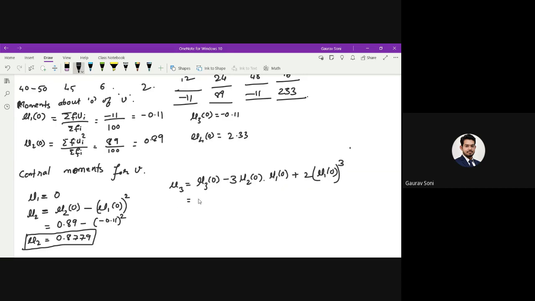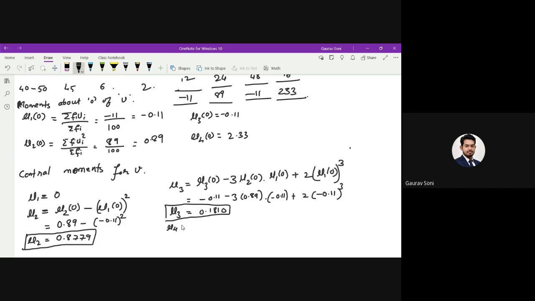So that will be minus 0.11 minus 3 times 0.89 into minus 0.11 plus 2 times minus 0.11 cube. So mu3 is 0.1810. Check the calculations.